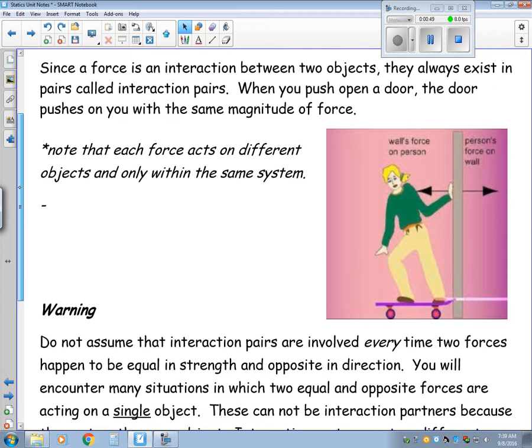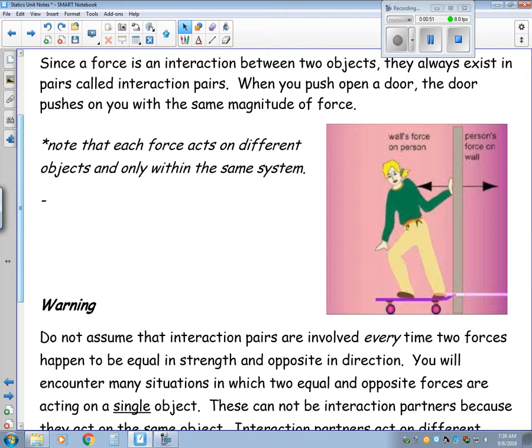So here we have a girl pushing on a wall. The girl applies a force on the wall, and the wall applies a force on the girl. And note that each of these forces acts on a different object, and they're within the same system.